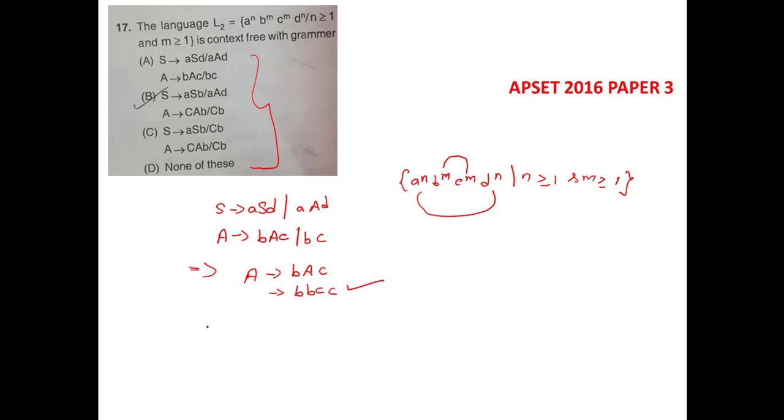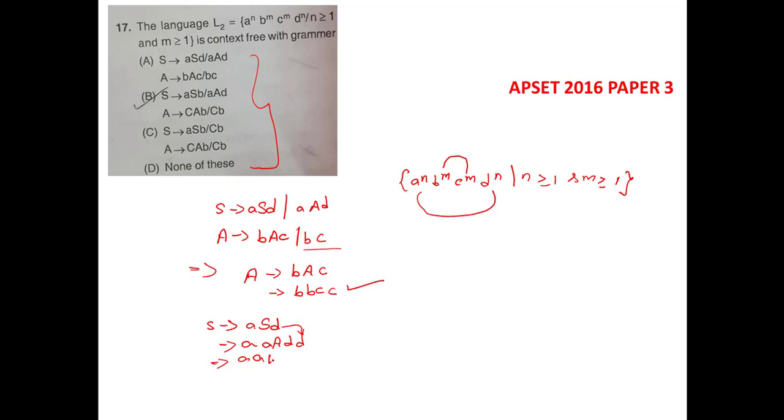Now see the next production rule, S tends to ASD. Here I am expanding this S with the second production rule, that is A tends to AAD, and here I am writing this D. Now again I am expanding this non-terminal A with the last production rule, that is A tends to BC.